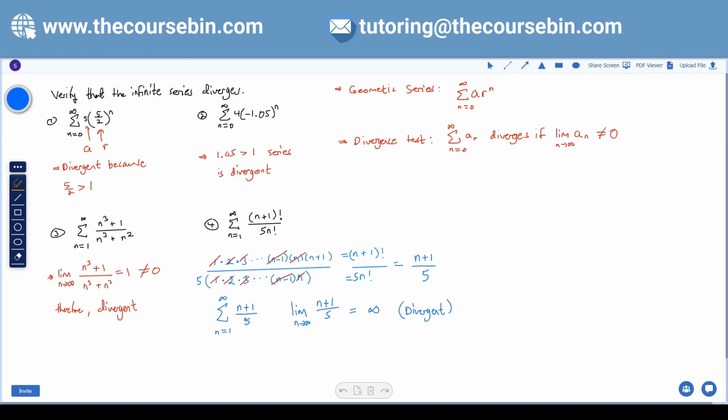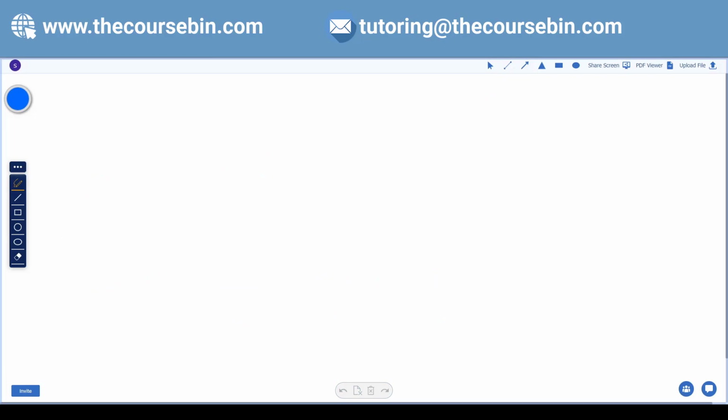Every single section in this chapter is part of Calc 2, all the way to Taylor and Maclaurin series. Okay, so we're going to talk about 2 very powerful tests, and these are the integral test and p-series.